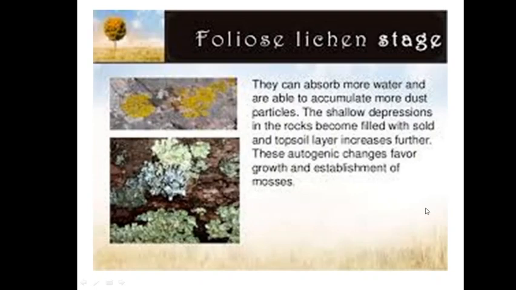Foliose lichens such as Parmelia, Dermatocarpon, etc. begin to develop on these rocks, whose plant body looks like large leaves. Their death causes more humus and organic matter to accumulate on rocks, which support the growth of moss plants.